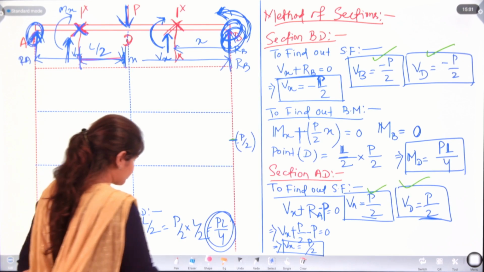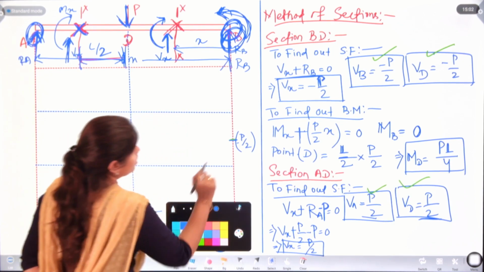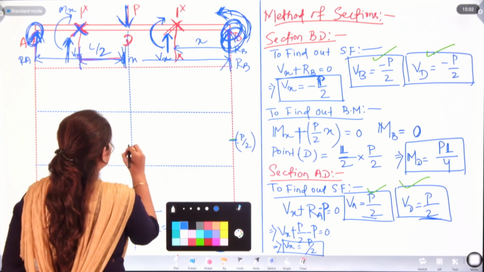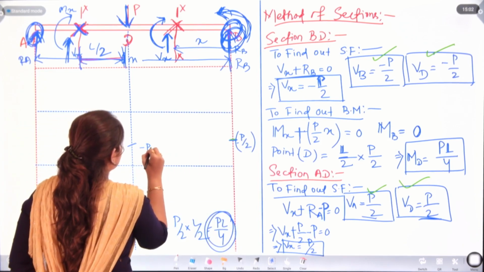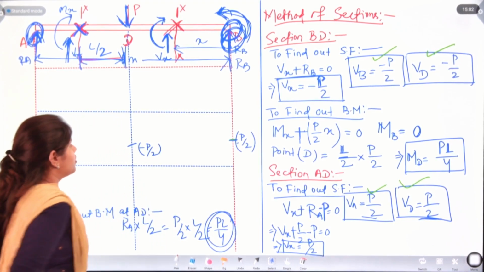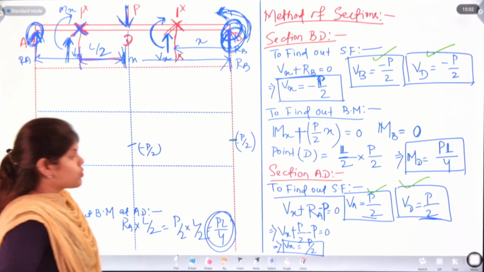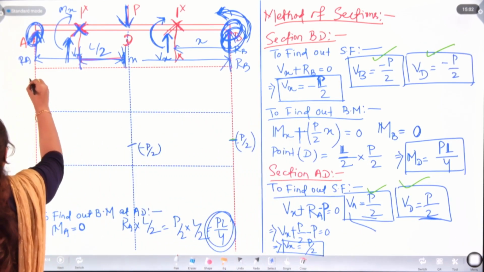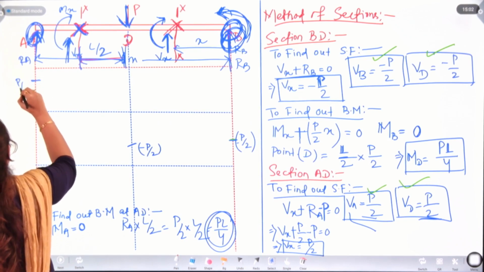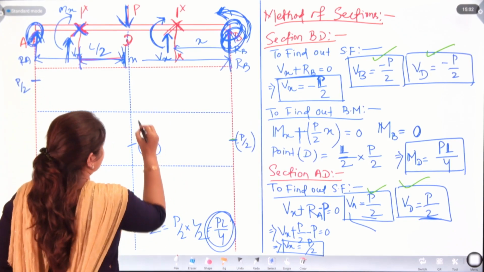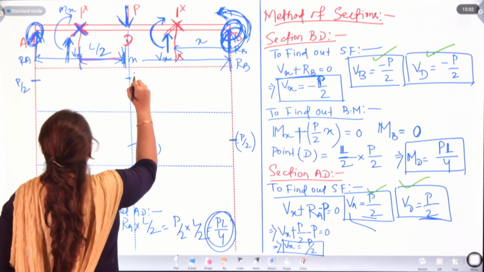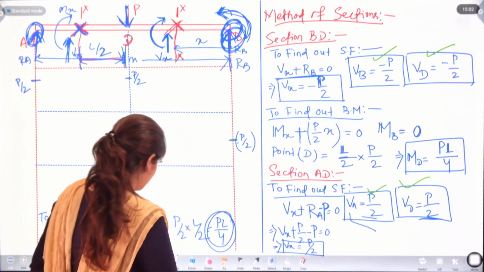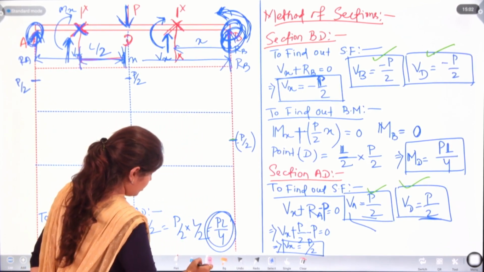Okay. So VD is minus P by 2. Let's take it here. Another is VA as P by 2, and VD is also P by 2. So now we are having the SFD drawing.